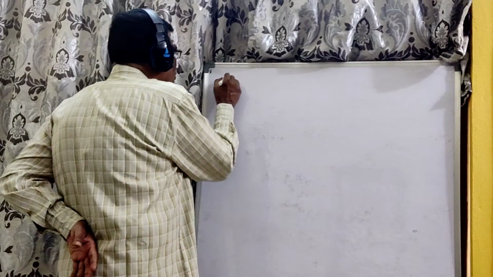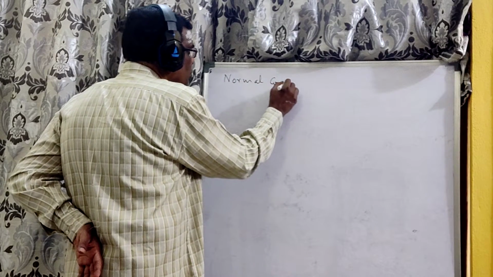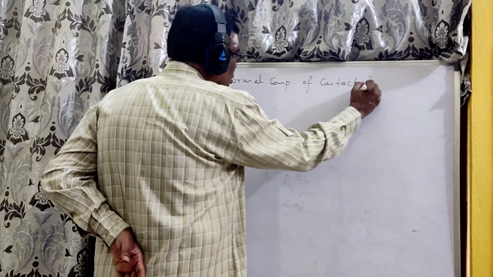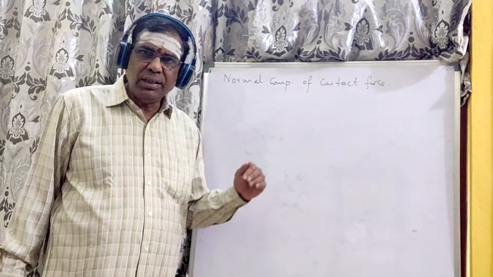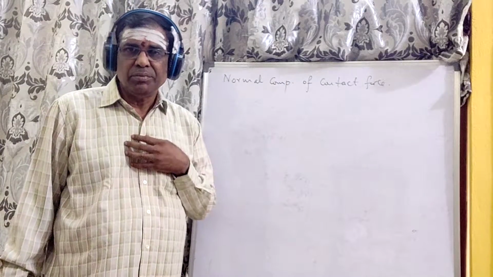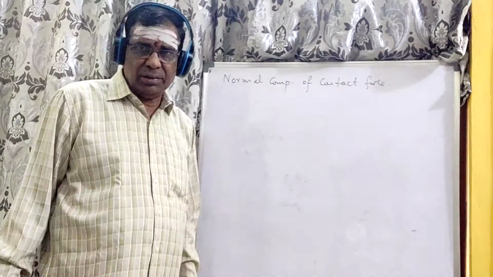You may also call it the normal component of contact force. That way also you may call it. If normal you are talking, what is tangential? That we will discuss in the next case, friction. Okay?